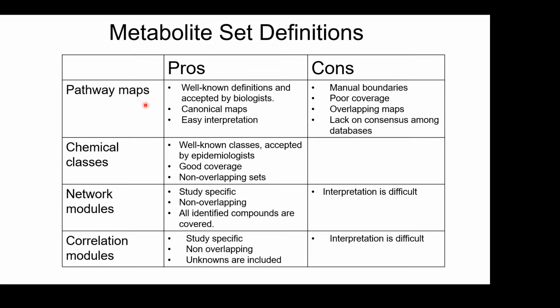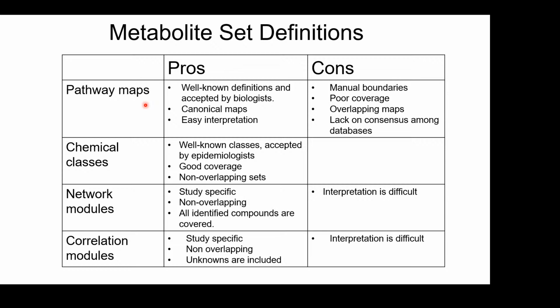The pros of this approach are that these are well-known definitions accepted for 100 years or more, there are canonical maps, and they're easy to interpret. The problem with pathway map definitions is that the boundaries are manual and vary from one database to another. The coverage is poor: not every detected signal in a metabolomics data set is mapped to a pathway map.